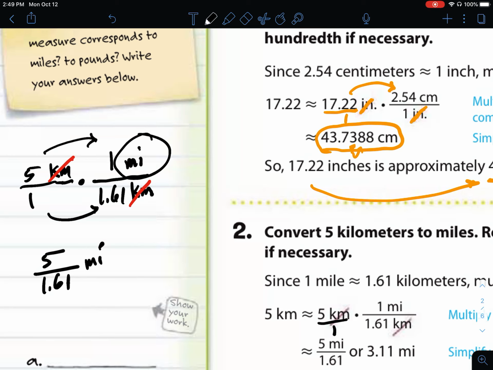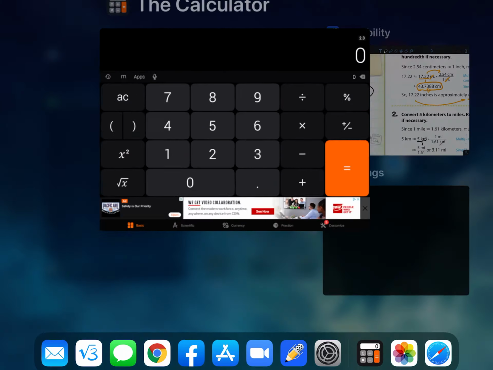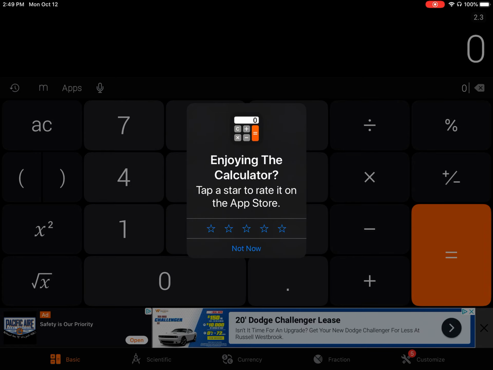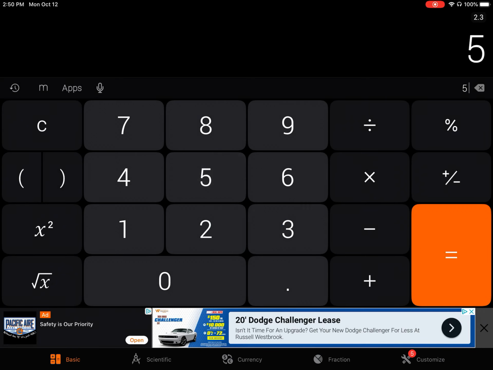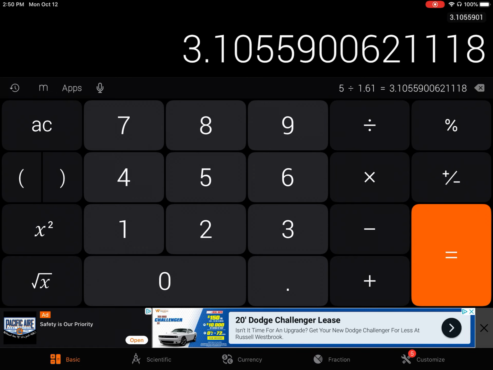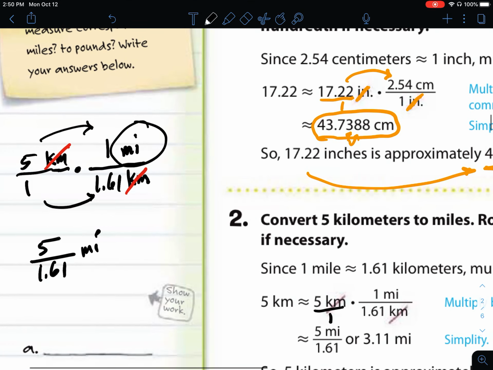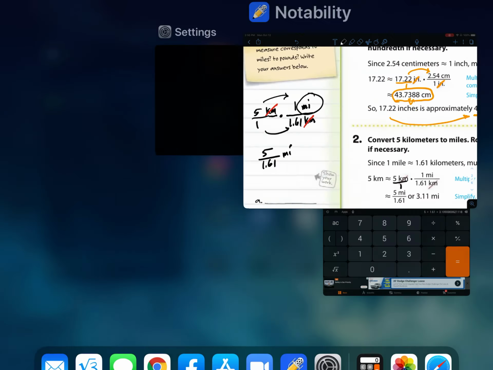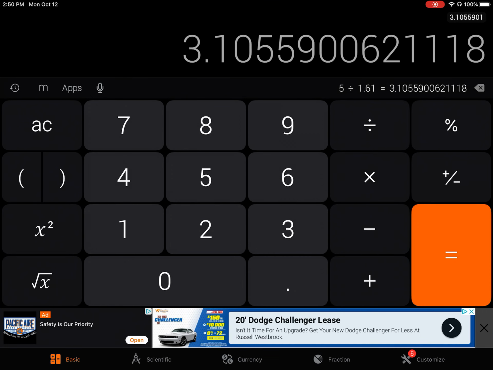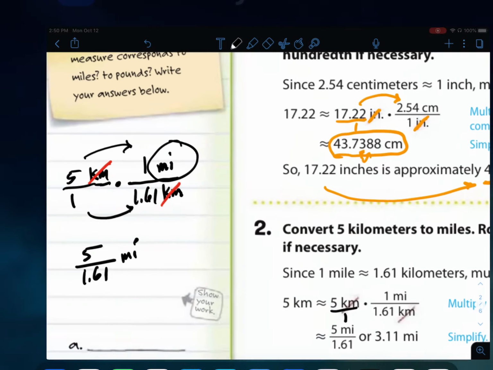So using a calculator, if I divide 5, get your calculator. In this case, this is my calculator. I am going to divide 5 by 1.61. The result is 3.1055, or if you round it, because if you notice here, the digit after 0 is 5, so you round the 0 to 1.